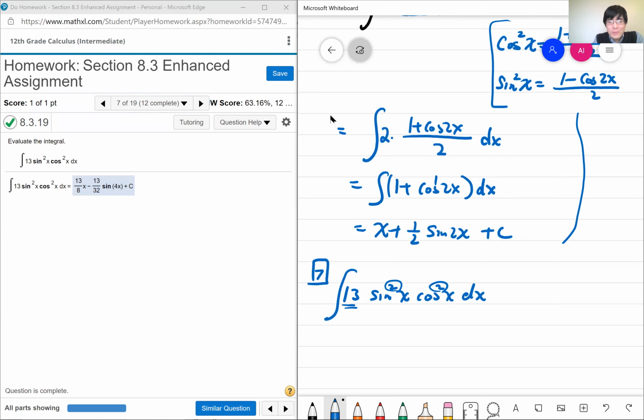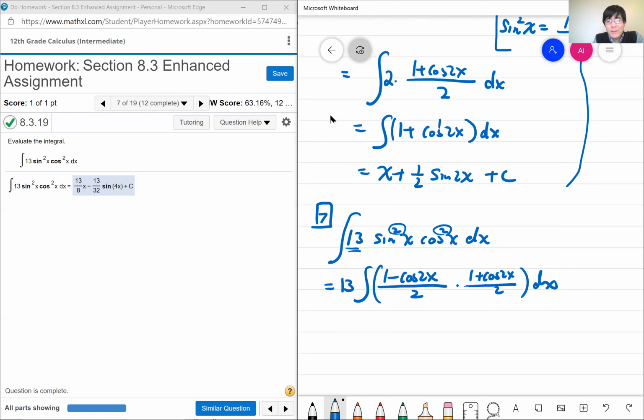So 13 is just a numerical constant, so you can put it outside. Sine square is 1 minus cosine 2x over 2. Cosine square is 1 plus cosine 2x divided by 2. Let's put this numerical constant out and expand this one.